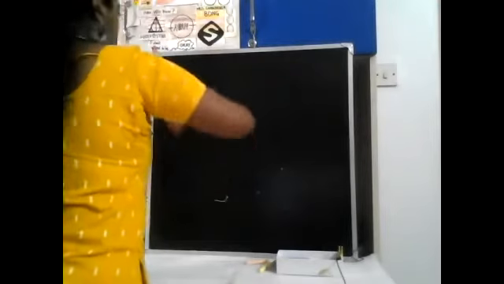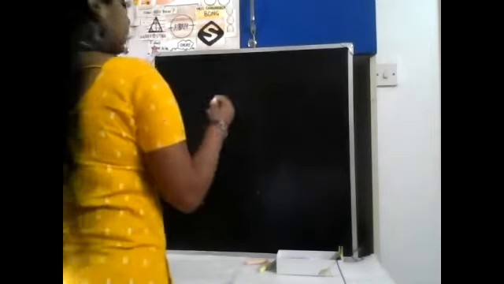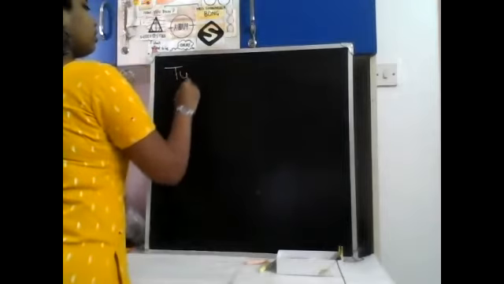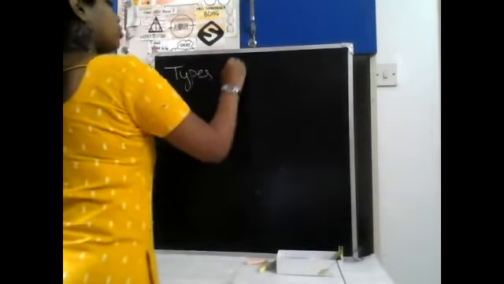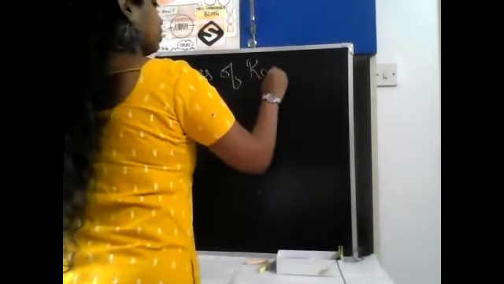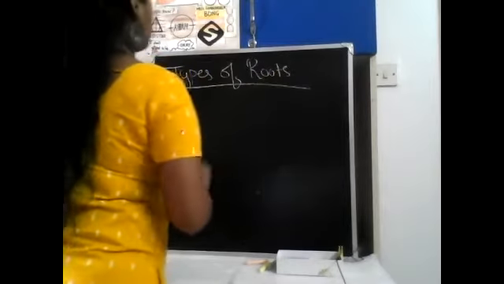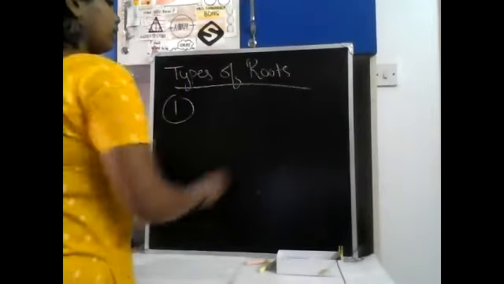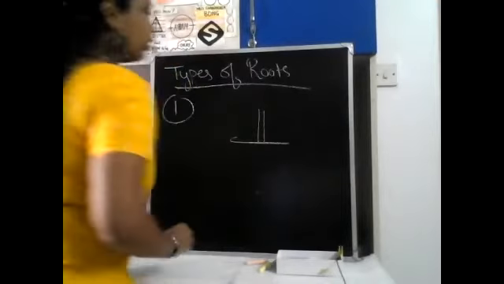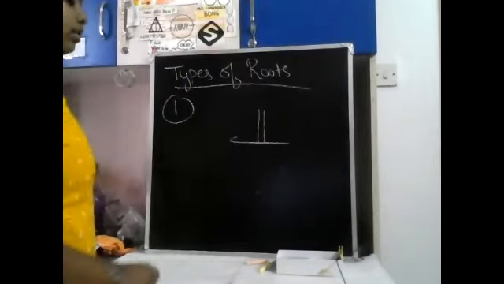So when you think of roots in plants, you can classify them into different types. So we'll look at types of root systems. Okay, so the first type is, imagine if this is the shoot system and this is the ground level.